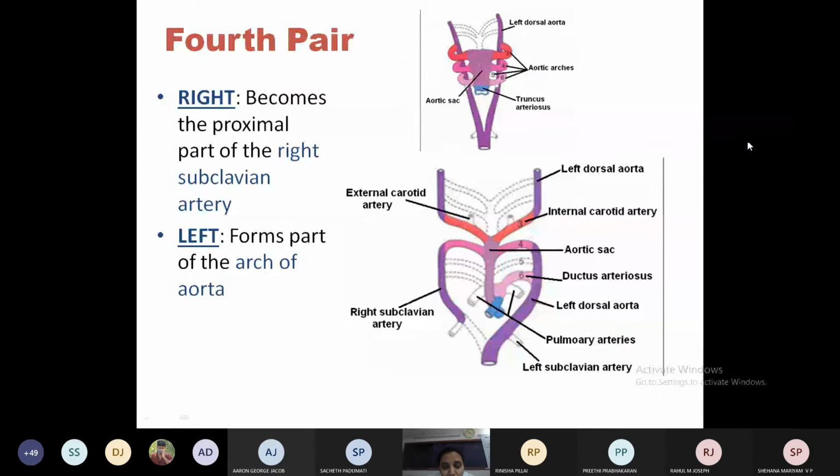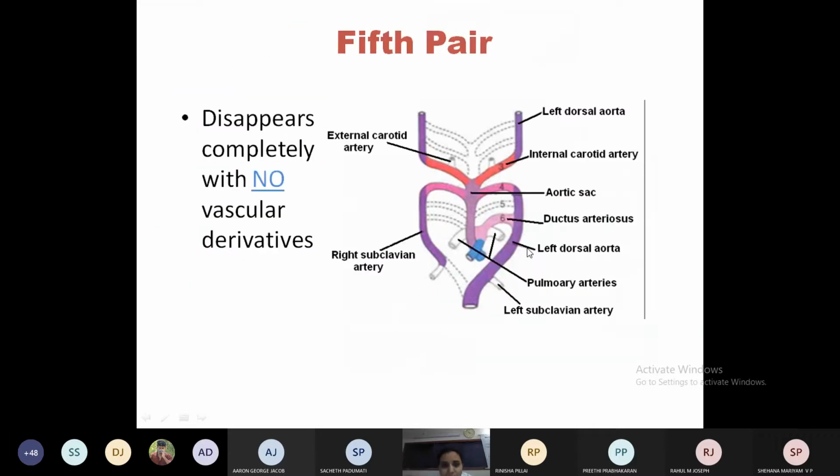Fourth one, fourth aortic arch. The development is different on both sides. The fourth aortic arch on the right side forms the proximal part of the right subclavian artery; on the left side it forms the arch of aorta. Fifth one appears to disappear.